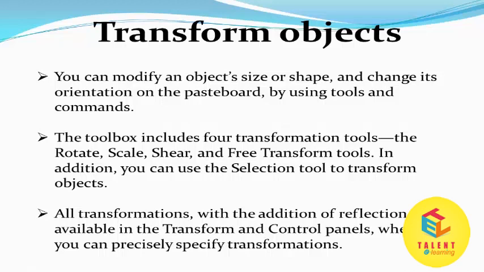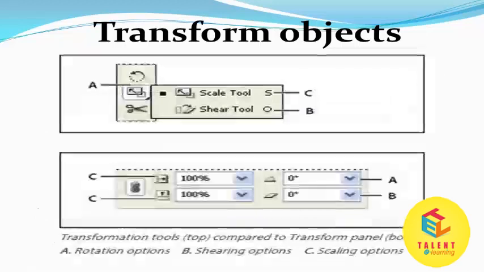All transformations, with the addition of reflection, are available in the Transform and Control panels, where you can precisely specify transformations. Here in the first figure, the Scale tool and Shear tool are shown. A is the rotation option, B is the shear option, and C is the scaling option.